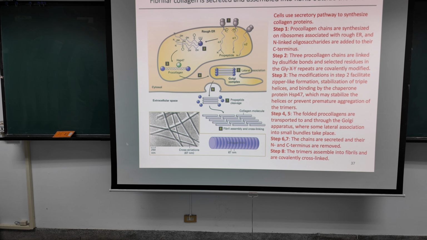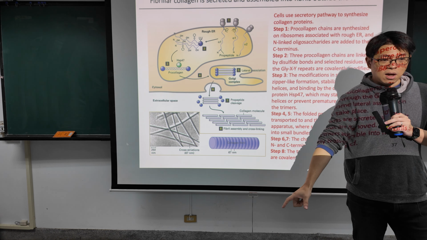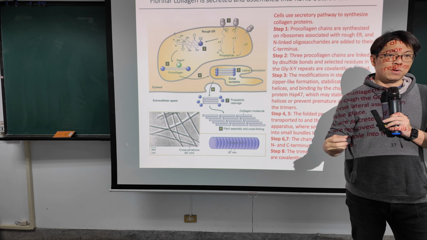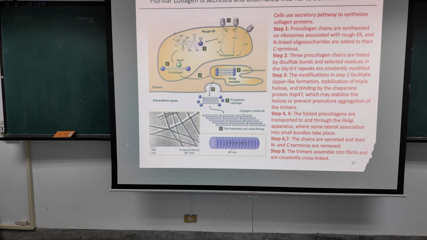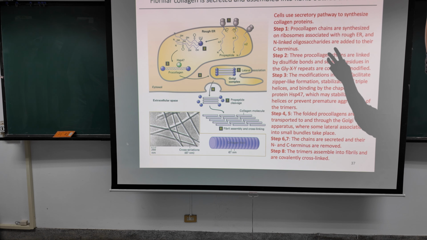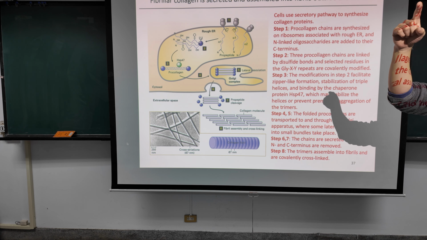Once the DNA becomes activated, it is transcribed, and then the mRNA goes through the nuclear pore complex and then goes to the cytosol. And once it goes to the cytosol, the ribosome will recognize the mRNA and start to read the codons on the mRNA, conjugating the corresponding amino acids. They will generate a polypeptide. Okay?